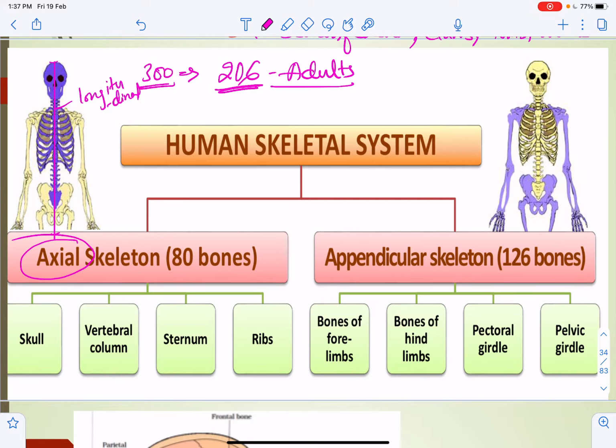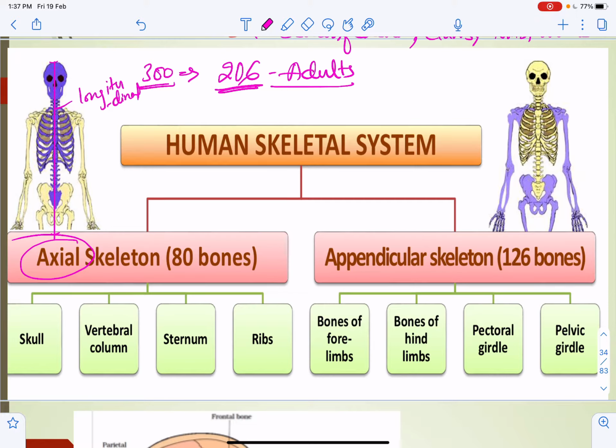Axial bones are the bones which lie along the longitudinal axis of the body. These mainly support and protect the organs, and maintain the shape and position of the neck, trunk and head.